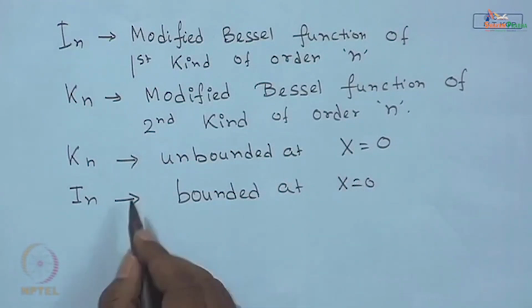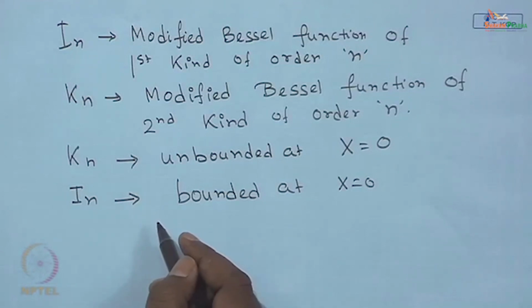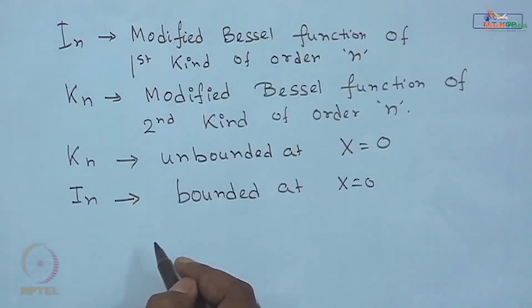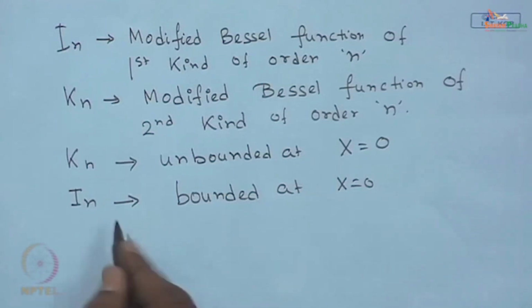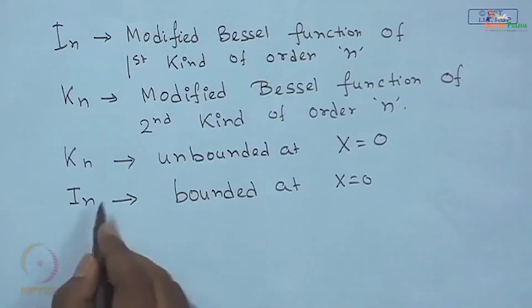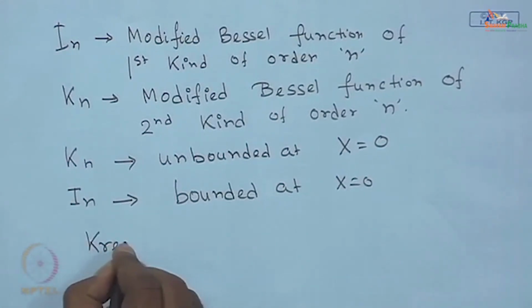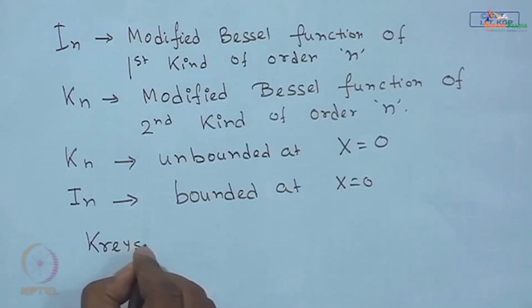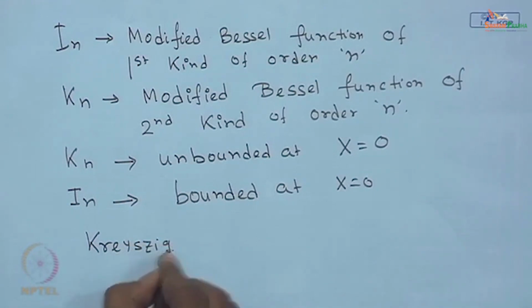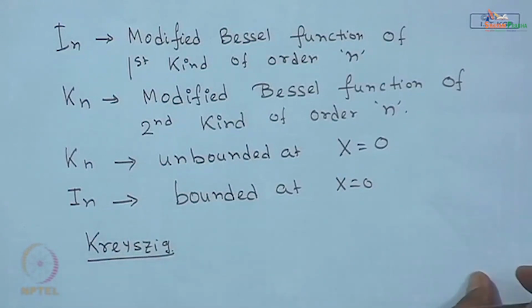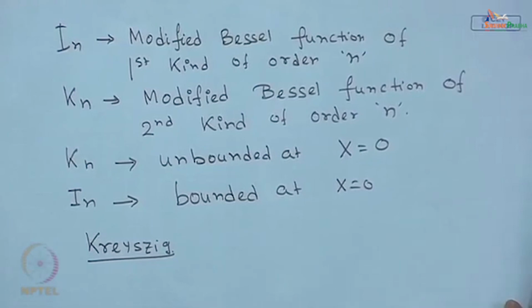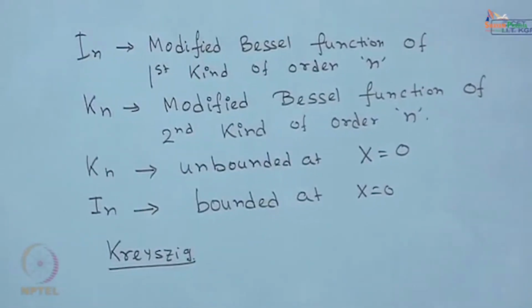Now, recursive formulas are available for J n and I n, and the various relations of Bessel functions and modified Bessel functions are available in any standard textbook of mathematical functions. You can look into the book of Kreyszig, and look into the properties of Bessel functions and modified Bessel functions of different orders.